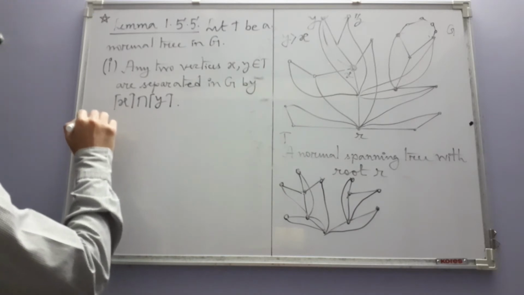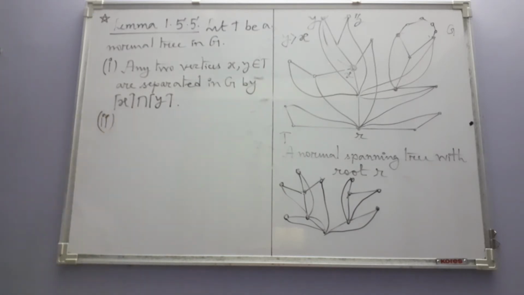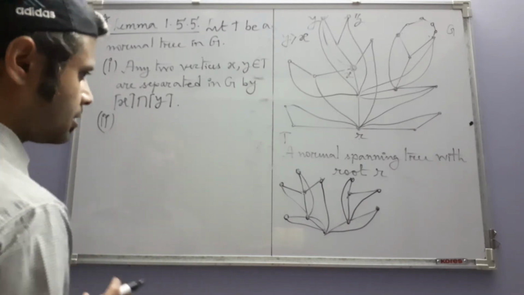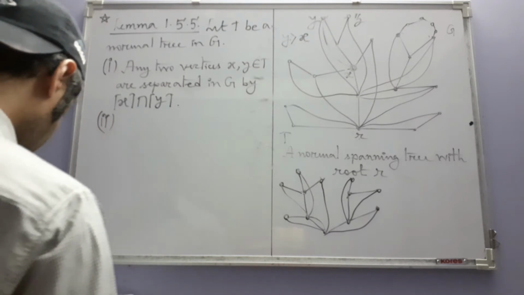We will have to recall what this thing is. This is the down closure of x.